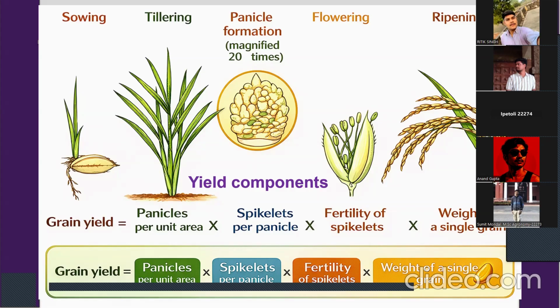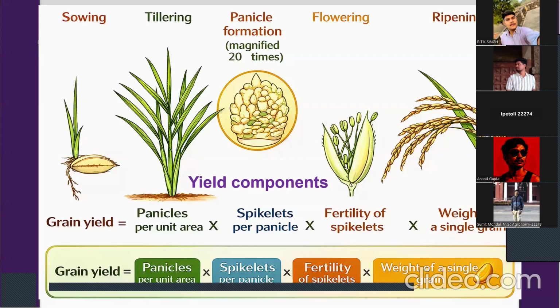Too many panicles means your grain fertility will be affected, and the size of the spikelet will be affected. So we need to find the optimum level of panicles per meter square. In Australia, they have the Australian rice check program.